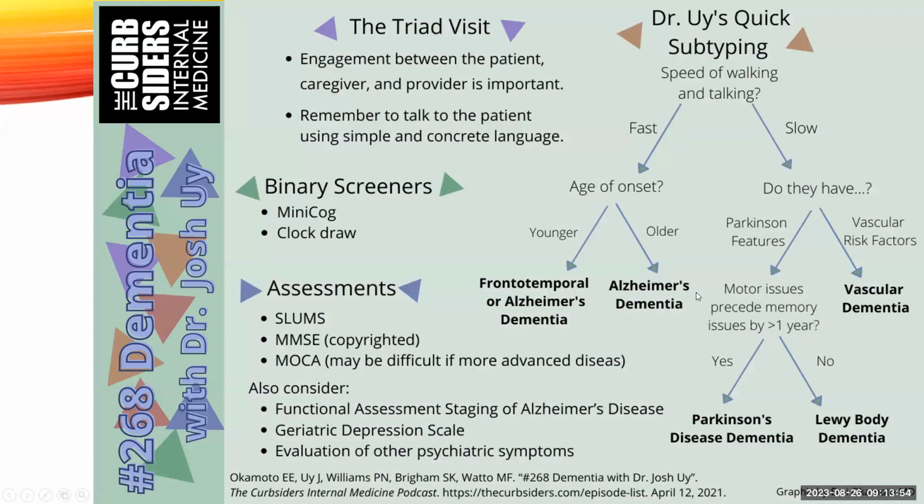And as I mentioned earlier, there's a quick and easy way to tell one from the other, by just looking at the patients. Very simple way to tell. If patients are moving around, behaving easy, comfortable, fast, then it could be the frontal temporal, more about the behavior, or the Alzheimer dementia.